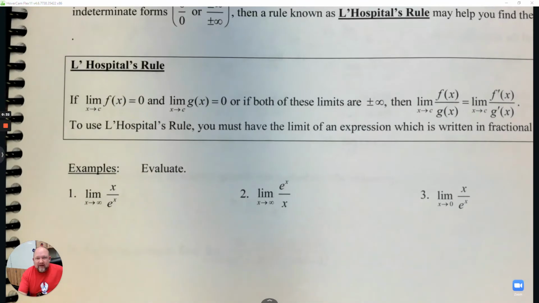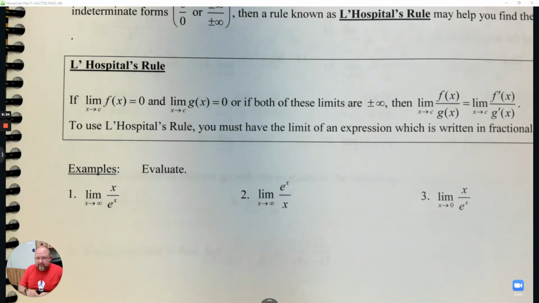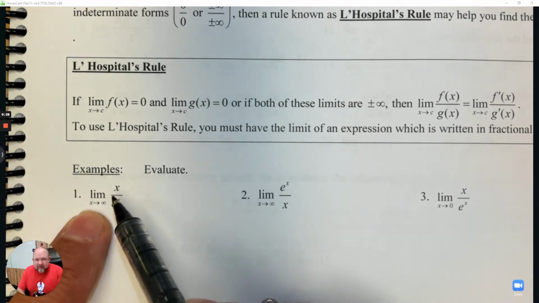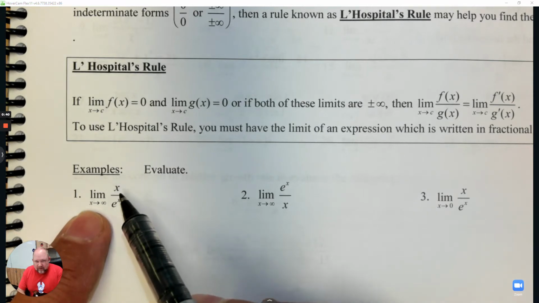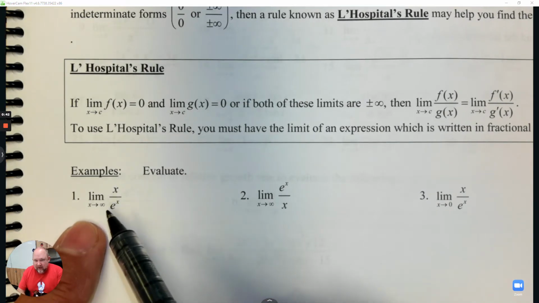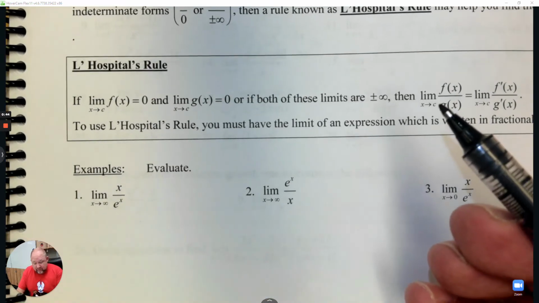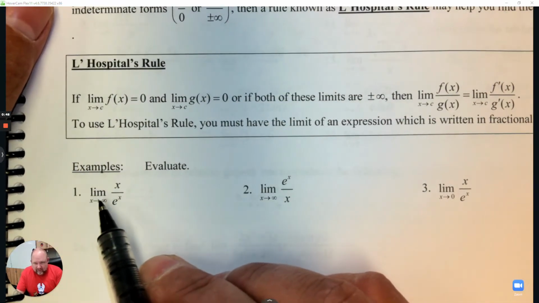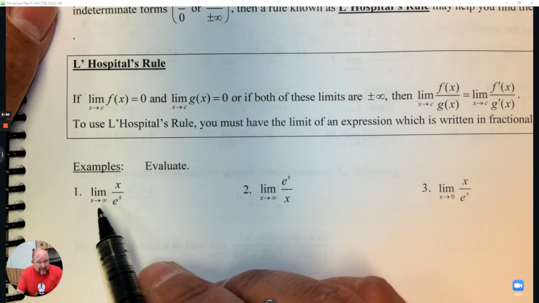So if I look at number 1, the limit as x approaches infinity. If I plug in infinity, the numerator is going to infinity and the denominator is going to infinity. That's indeterminate. When I am asked for the limit as x approaches infinity, that's the right-hand behavior.